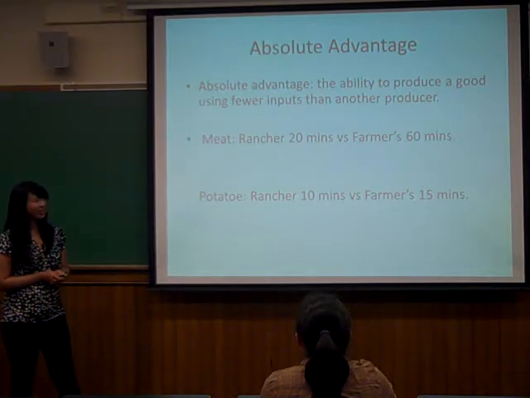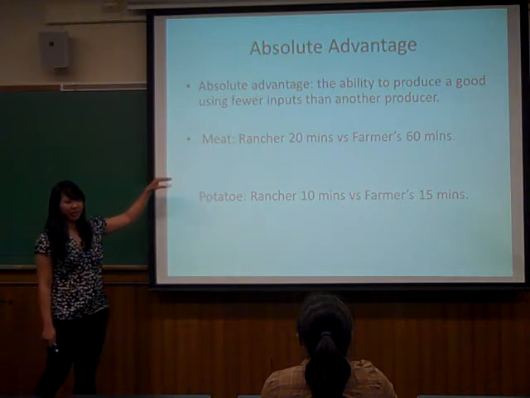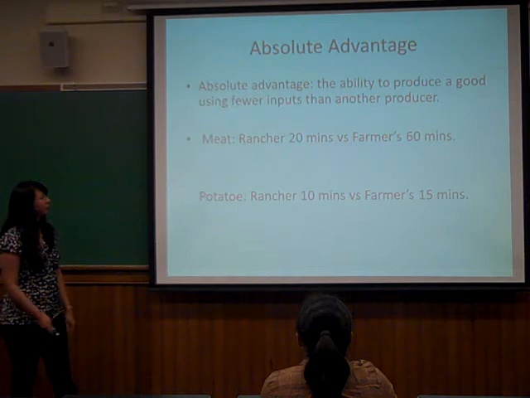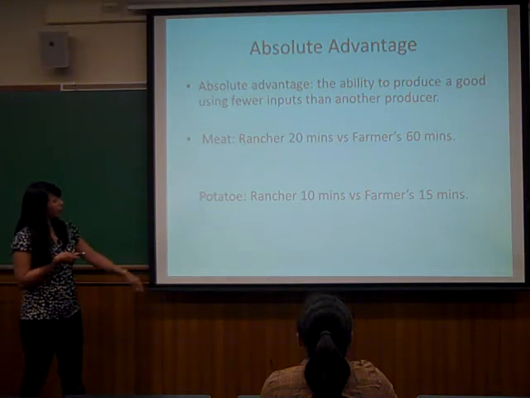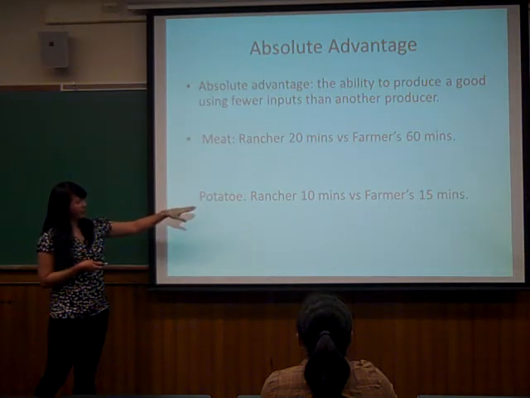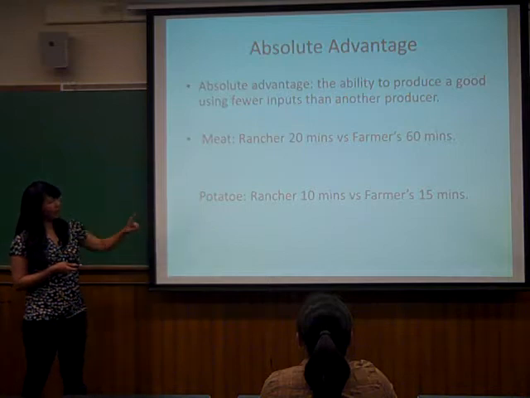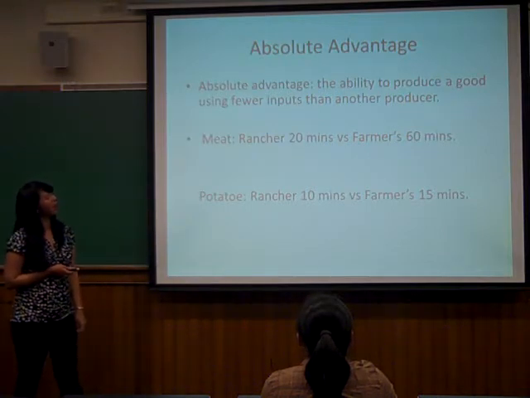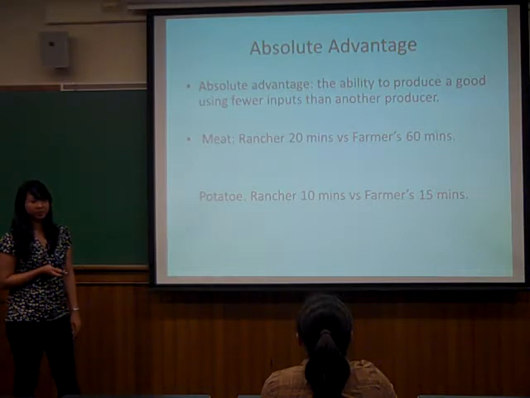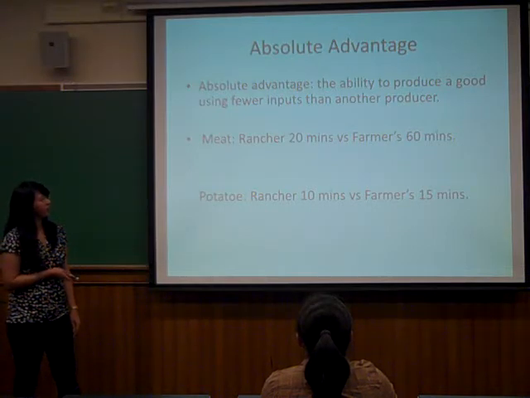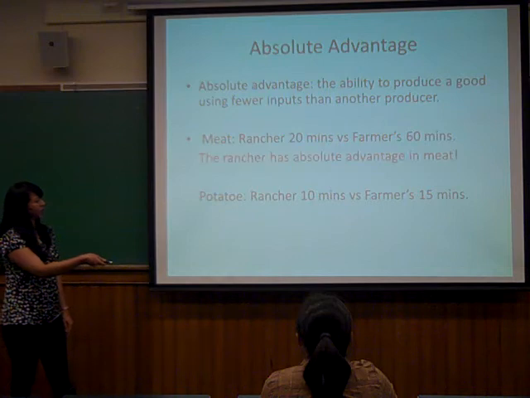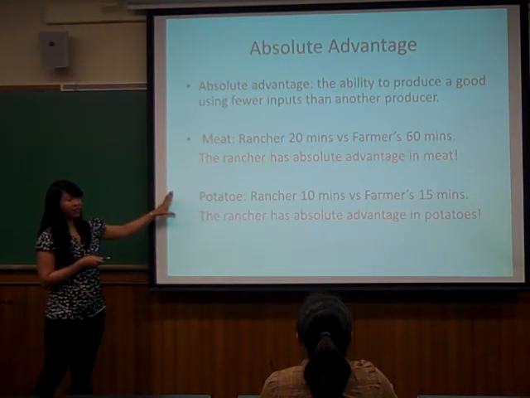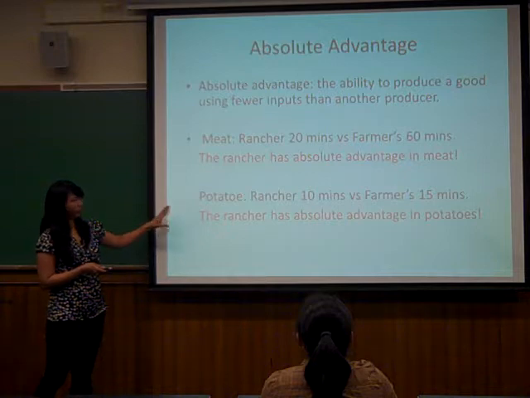The rancher, right? He takes less time to produce 1 ounce of meat. How about for potatoes? The rancher takes 10 minutes for 1 ounce of potato, the farmer takes 15 minutes. Who has the absolute advantage in potatoes? Again the rancher, right? So the rancher has absolute advantage in both goods.